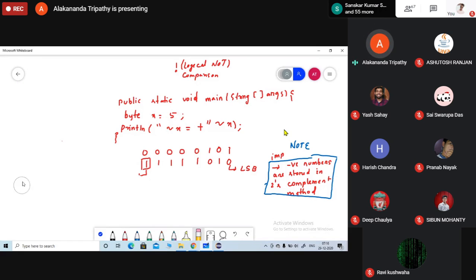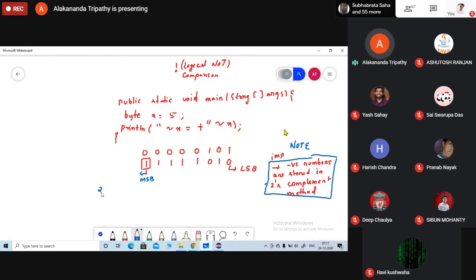Look, everything is not there in the slide or the notes I have shared with you. This is my MSB, most significant bit. Now it is a negative number, so how are we going to store it using the two's complement method?